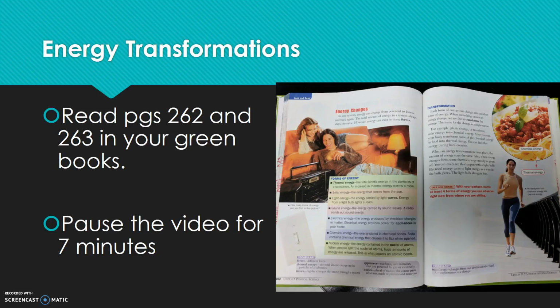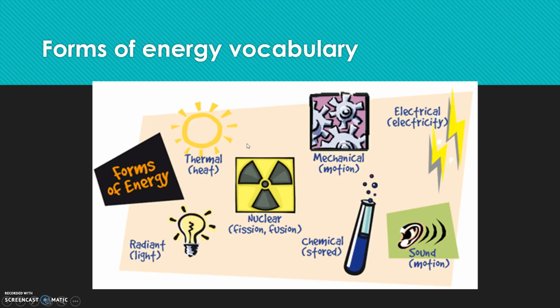Okay, so I'm guessing that you all paid some close attention to what the book had to say. Let me review the important parts of the book. The first important part was these forms of energy. So there's different terms that we use for energy.